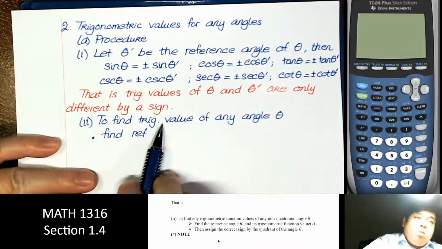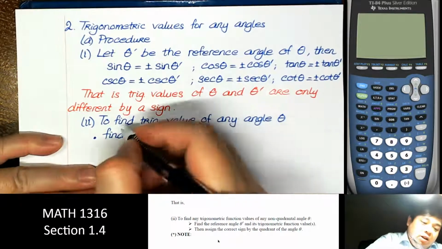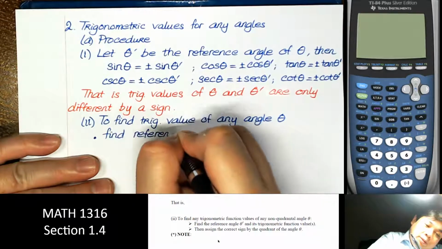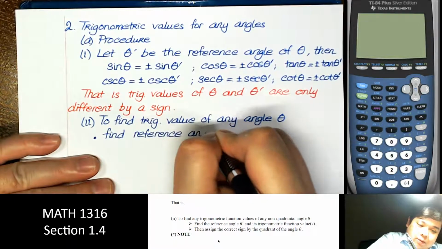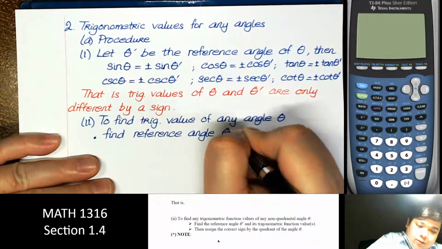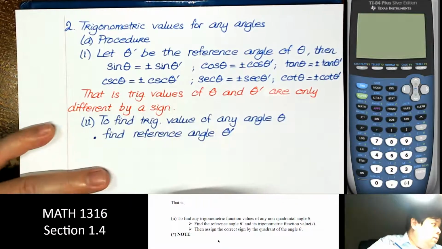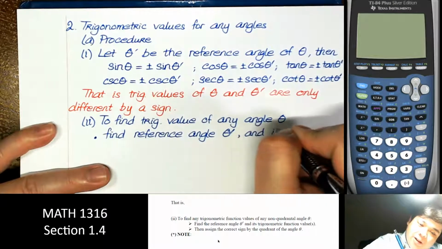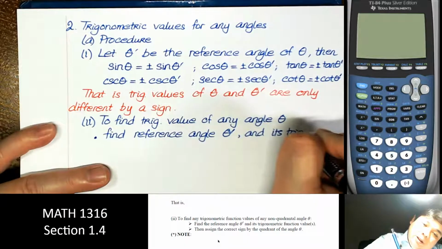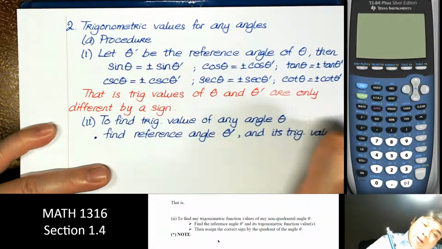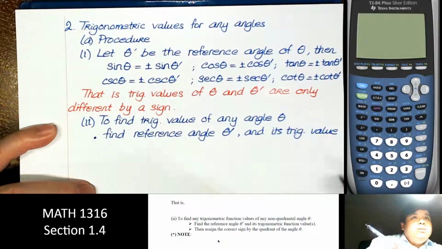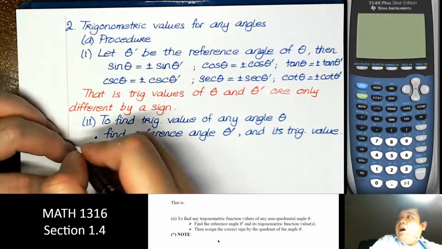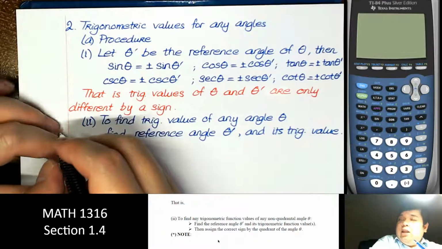To find trigonometric function values of any angle theta, first find the reference angle and its values. And then use the quadrant to determine the sign.